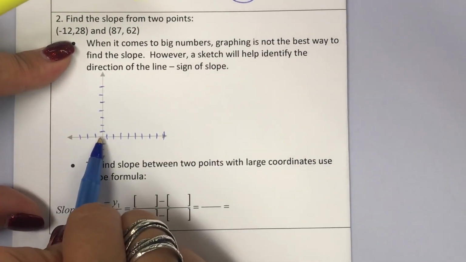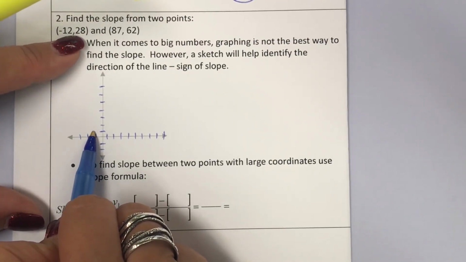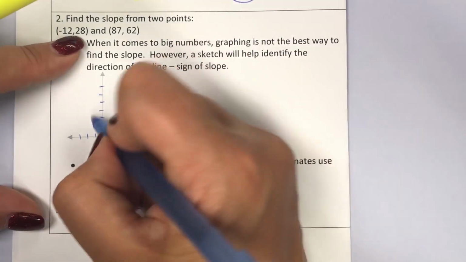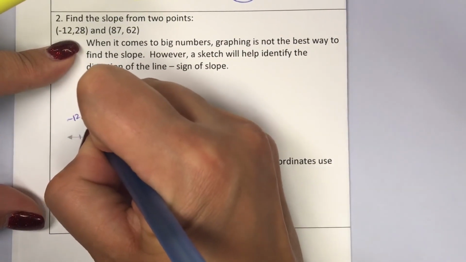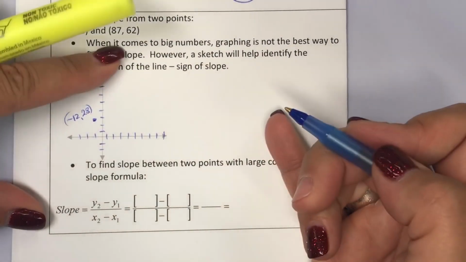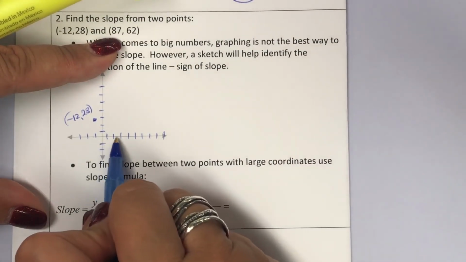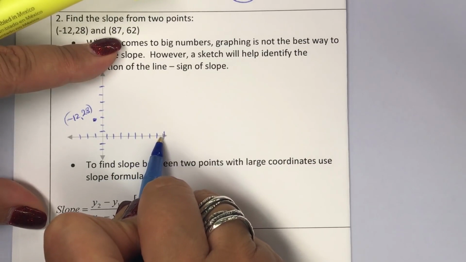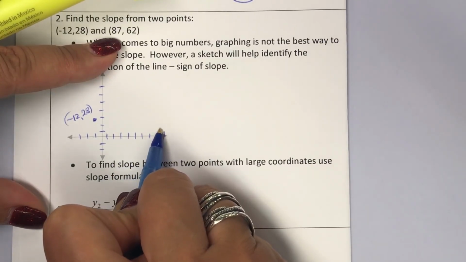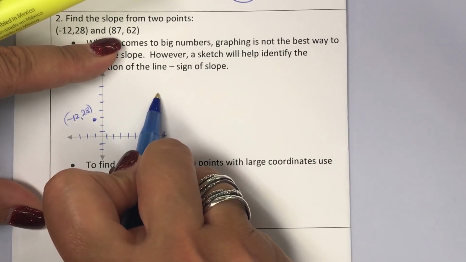Here I have negative 12, so it will be negative, past 10 a little bit, and then 30, so I have to go 10, 20, almost 30, so approximately over here, negative 12, 28. Second point is 87, 62, so I have 10, 20, 30, 40, 50, 60, 70, 87, close to 90, let's say, and then up 10, 20, 30, 40, 50, 62.